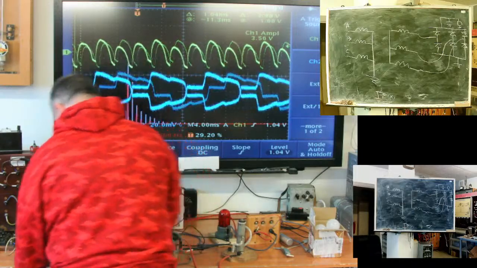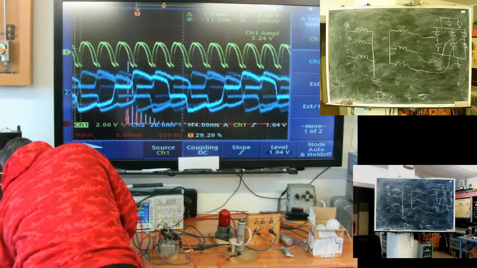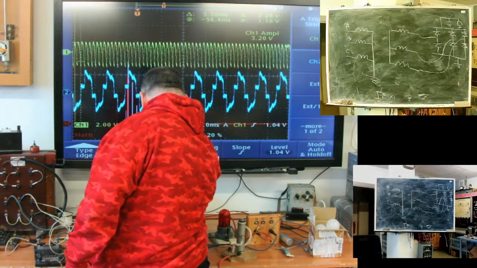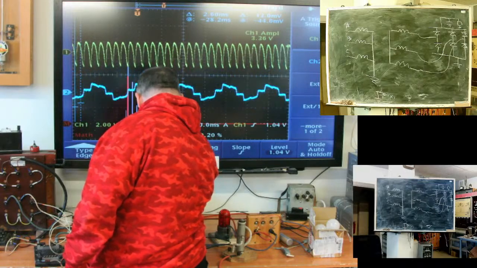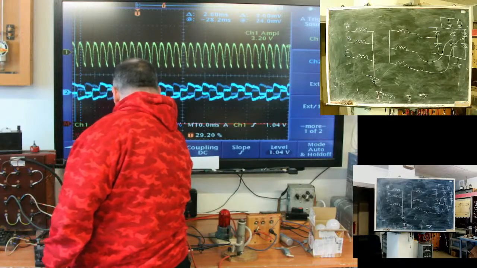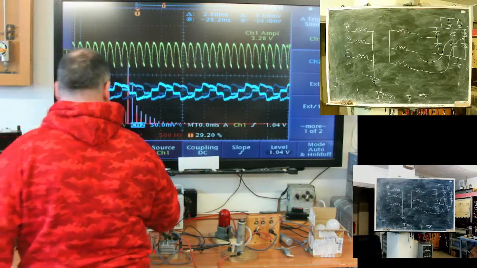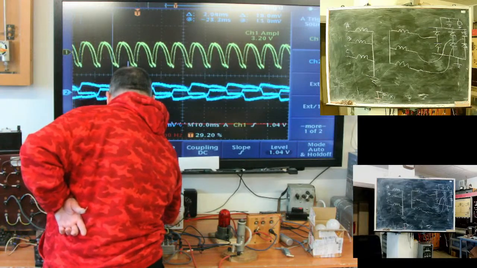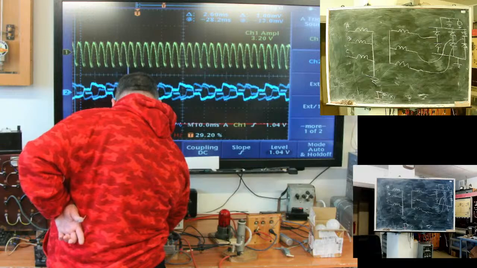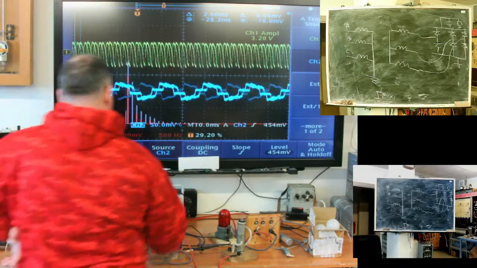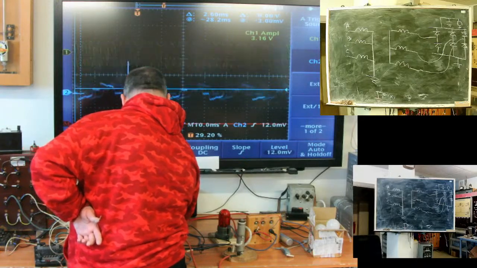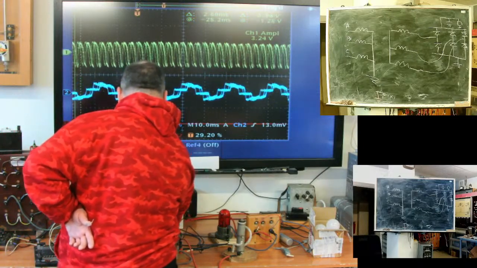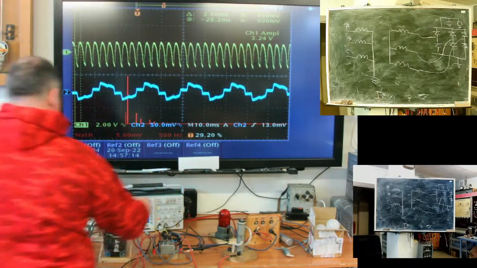Well, it's not symmetric. I think we can live with this.